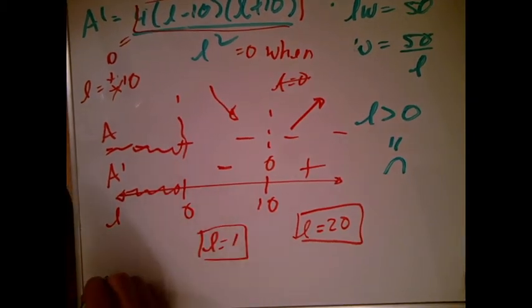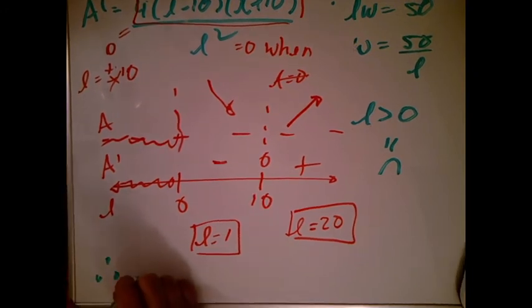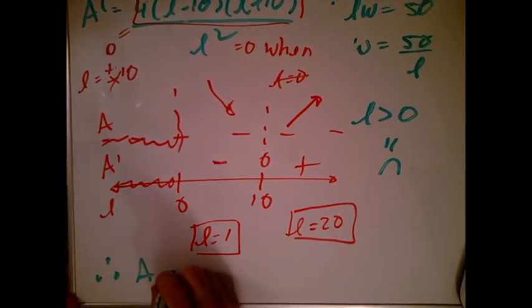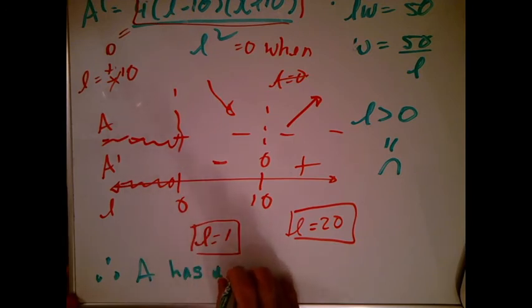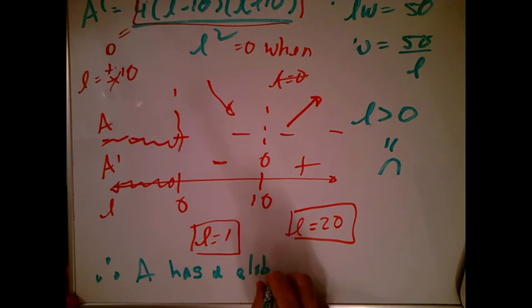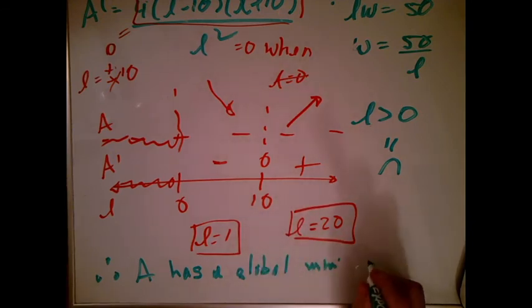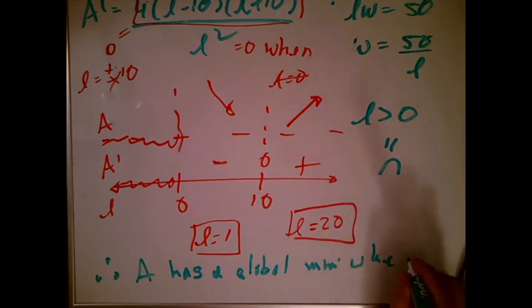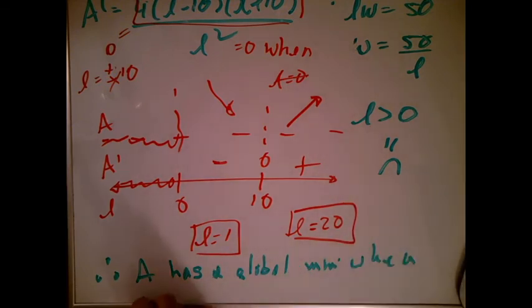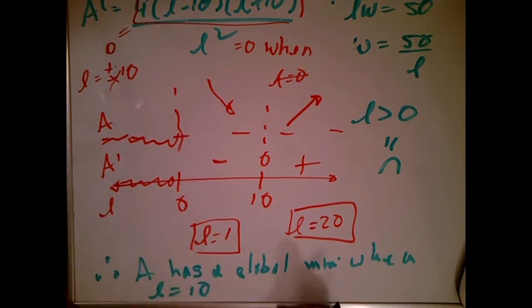So we'll write this down here. A has a global min when L equals 10, like that.